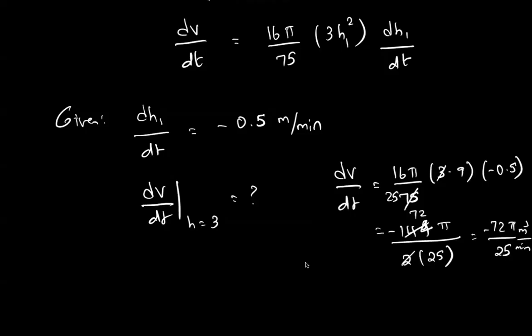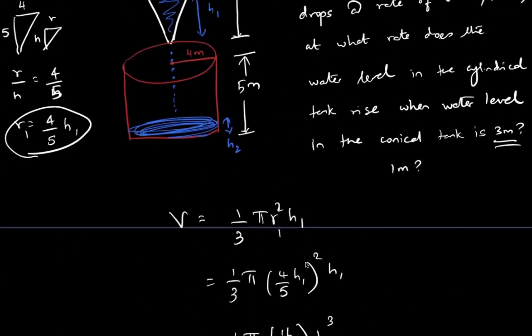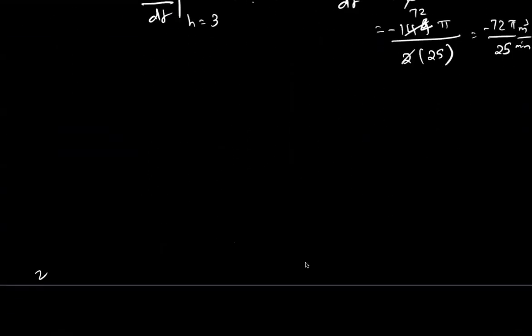This is the rate at which the volume is decreasing in the conical tank. The volume of the cylindrical tank is increasing at the same rate, because the water is flowing from that tank to this tank. Now, what is the volume of a cylinder? It is pi r squared h.